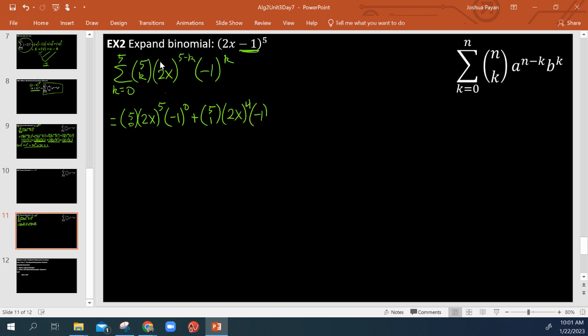And now it's just a matter of following the pattern. 5 choose 2, 2x, and I'm going to have to write really small, to the 3rd, -1 to the 2nd, plus 5 choose 3. Oh, I'm going to run out of room. 2x to the 2nd power, -1 to the 3rd power, plus, oh, maybe not. I think I've saved the space.